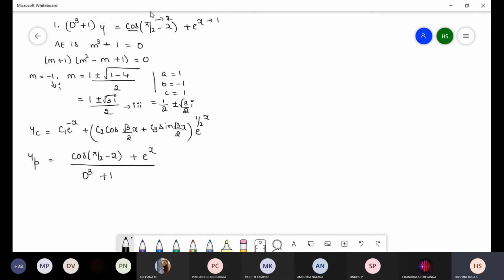So we have to replace cos of pi by 2 minus x by sin x.